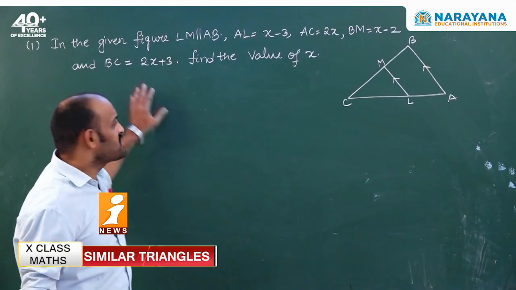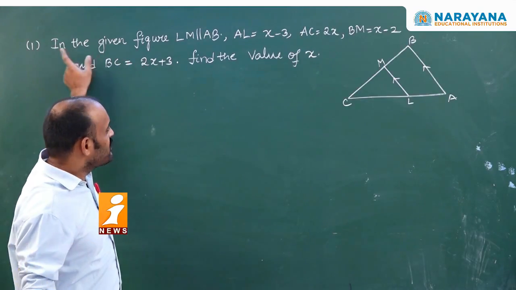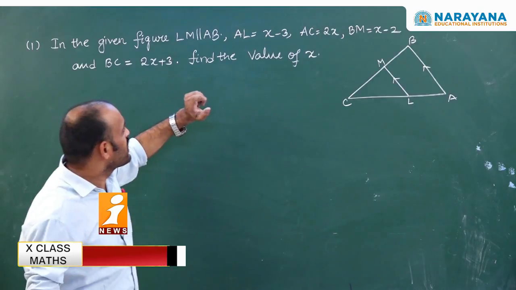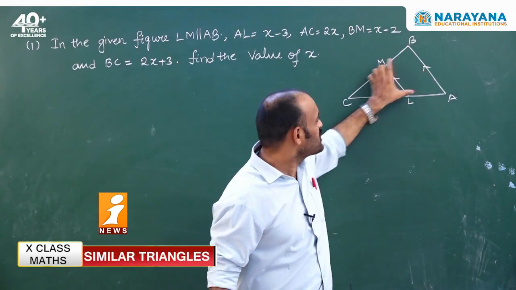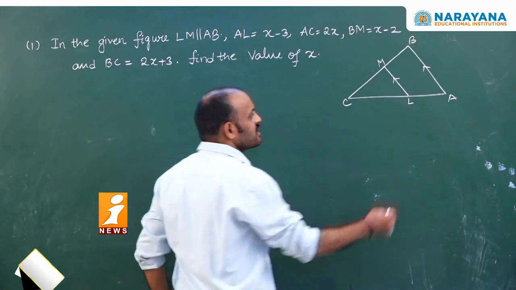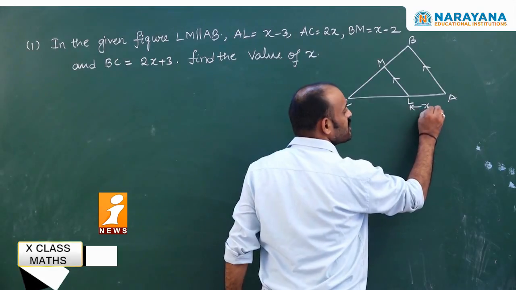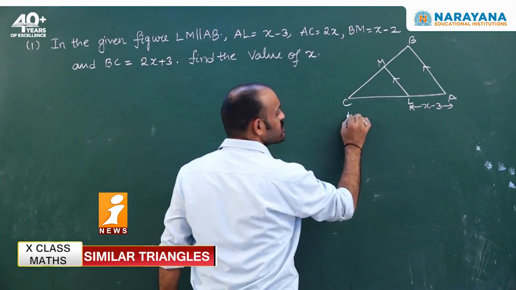See this. This example has been given many times for 2 mark questions. In the given figure, in triangle ABC, LM is parallel to AB. AL is given as x minus 3. AC is given as 2x, the entire length.